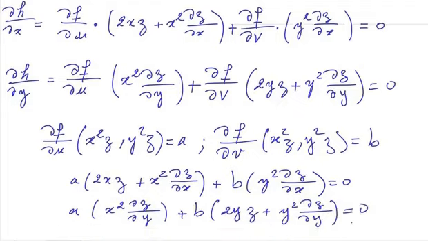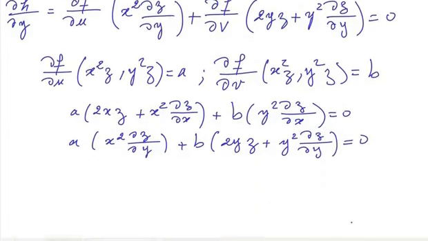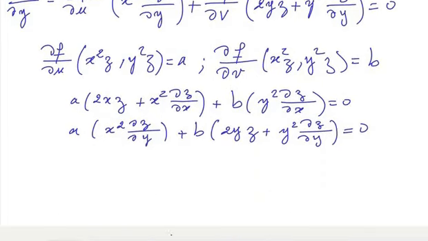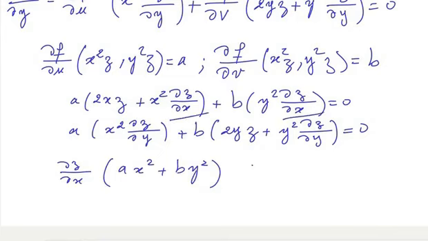derivative of z with respect to y, plus b, factor 2yz, plus y² times the derivative of z with respect to y. Here are the two equations that will give us the partial derivatives of z with respect to x and with respect to y. So in the first one, we can say the derivative of z with respect to x is multiplied by ax² plus by², grouping the terms that contain these derivatives, there remains the term 2axz, which goes to the right side, equal to minus 2axz.